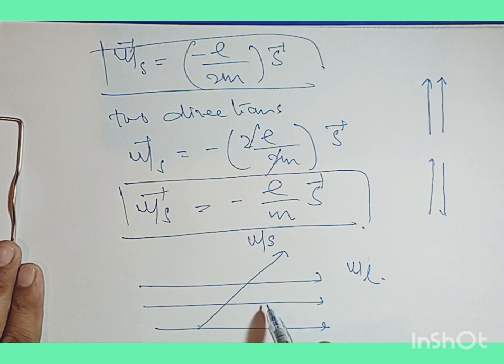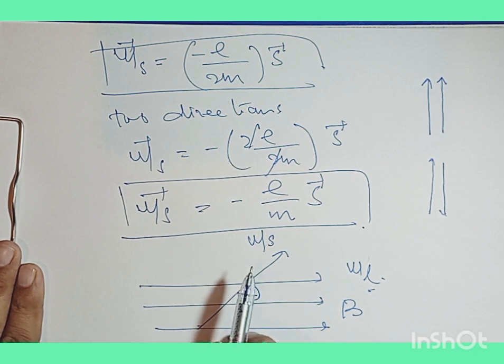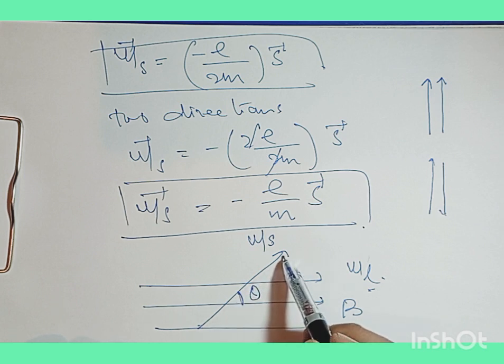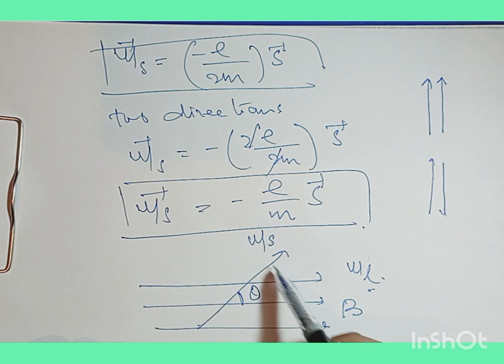So if I assume that there is an angle theta between this magnetic field, which leads to mu L, and mu S, the spin magnetic moment of this electron, then this mu S can act as a dipole, and there can be storage of energy.